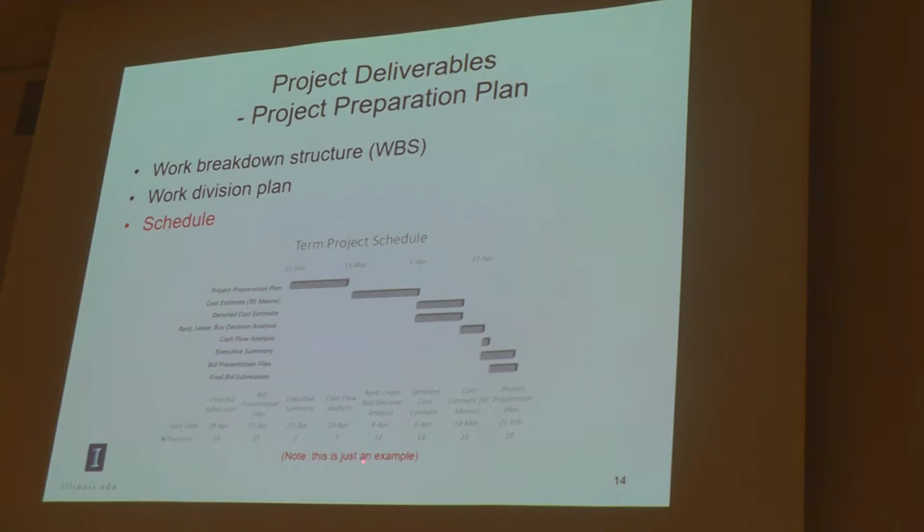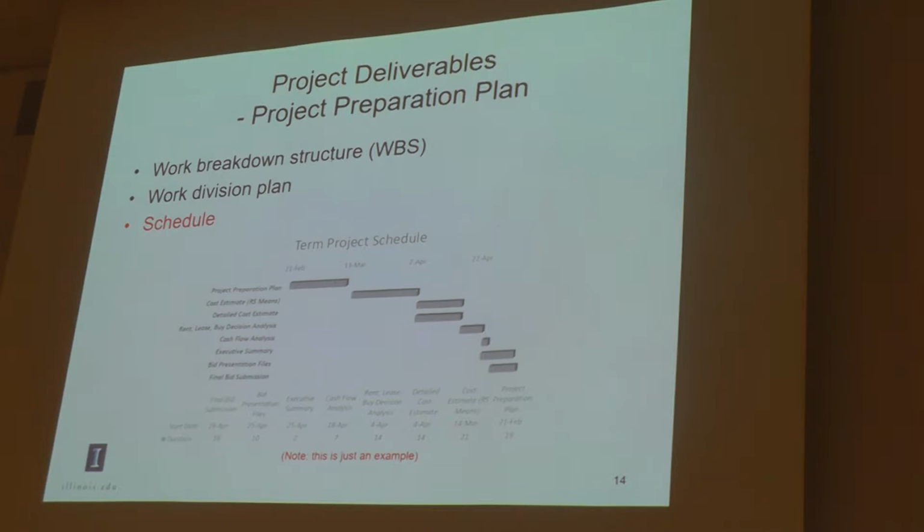Here, this is just an example. The dates don't represent the current dates we have for this project. So here, you need to arrange your activities. For example, your preparation plan runs from this week to 2 weeks later, and you will start the cost estimate after the preparation plan, maybe 4 weeks later.